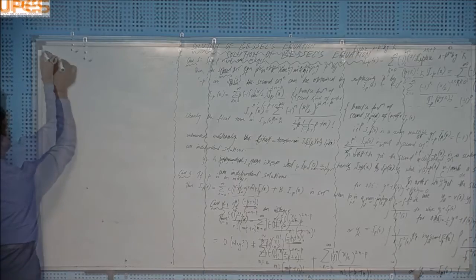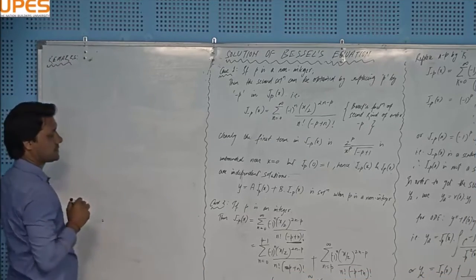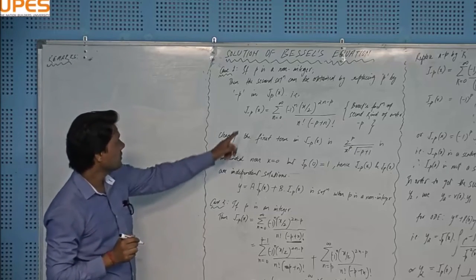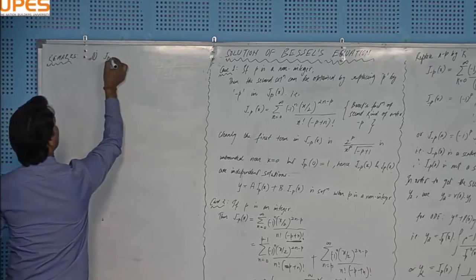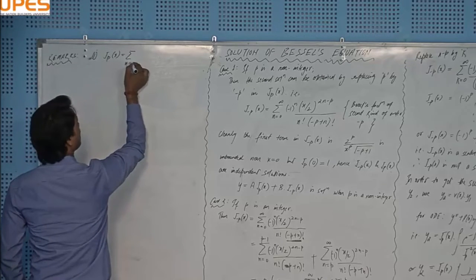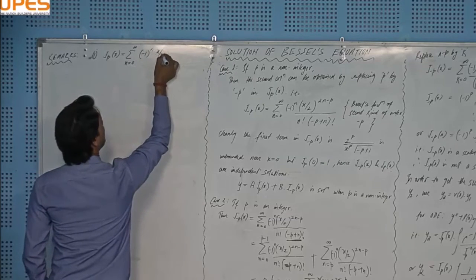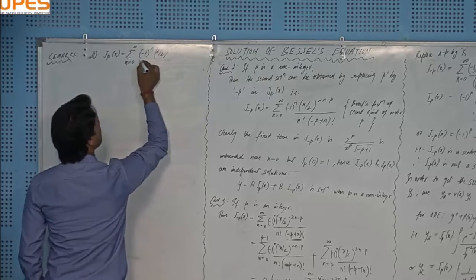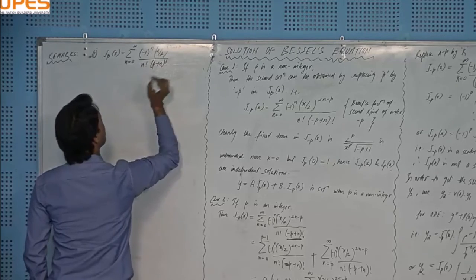Okay, so writing remarks. The first remark is about this J_p(x). Remark number 1: J_p(x) equals summation n equal to 0 to infinity (-1)^n (x/2)^(2n+p) divided by n factorial and (p+n) factorial, right?